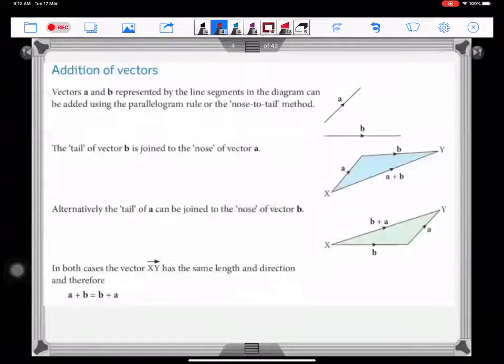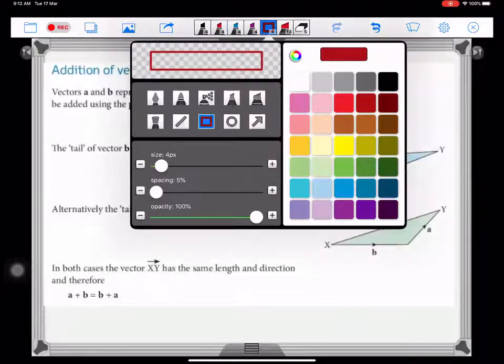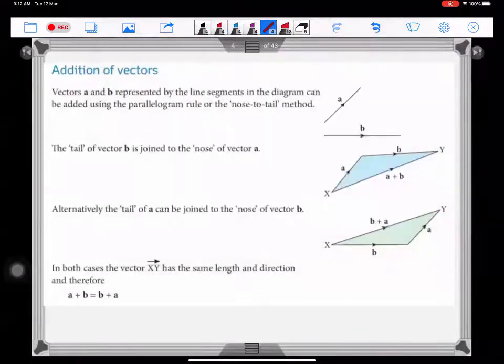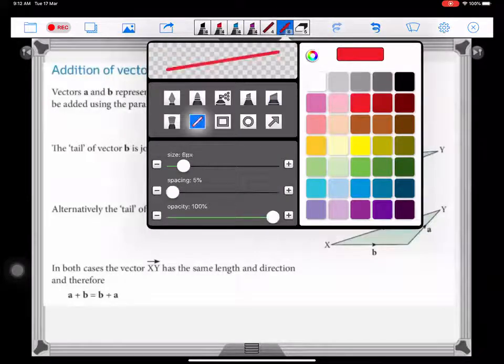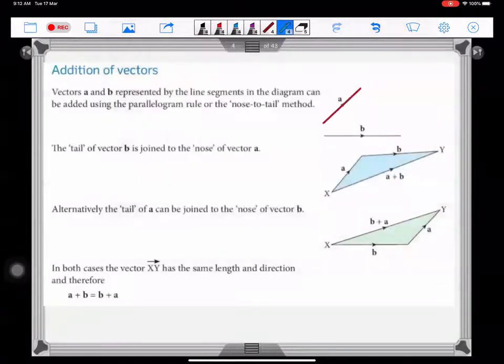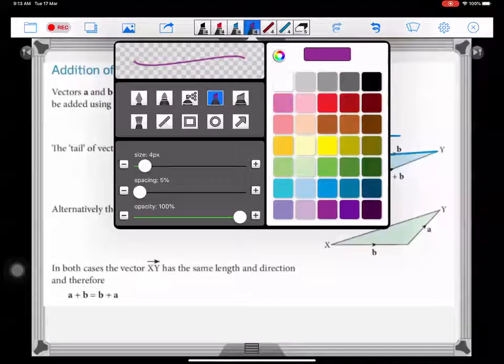For example, if a vector is A, another vector is B, I can add both the vectors by the head to tail method. This is A, this is B. Start till the end.